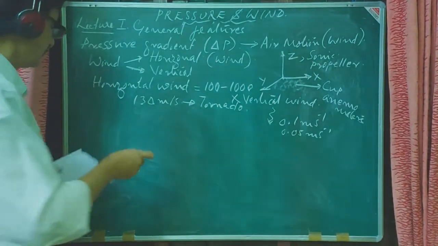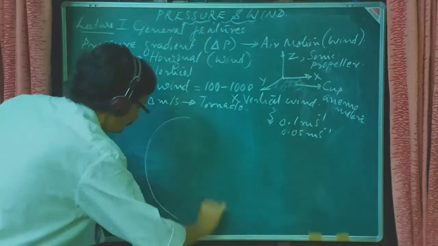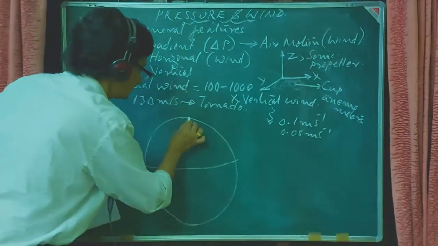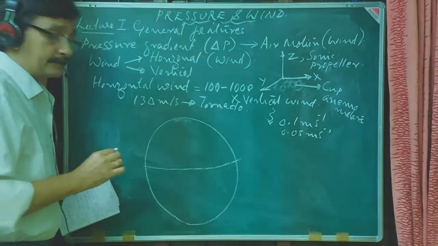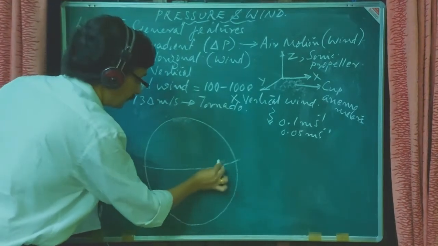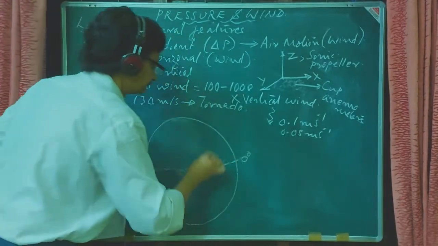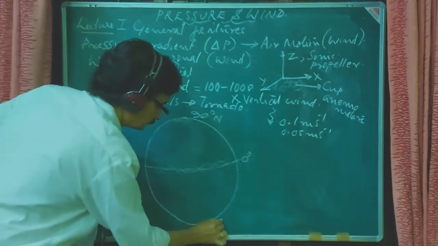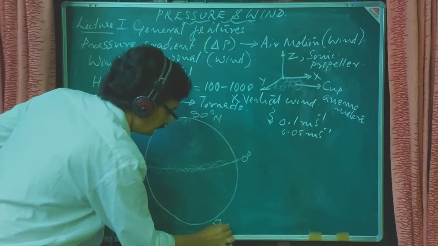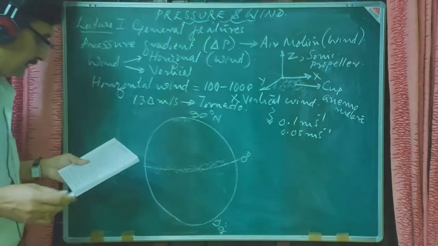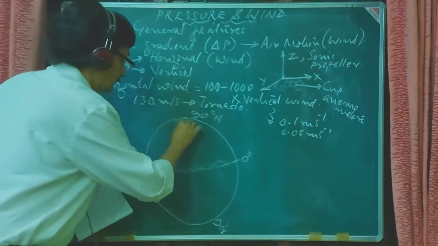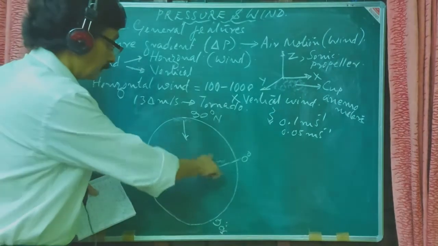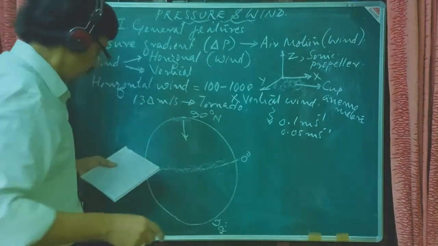Wind carries, say we have our earth, this is the high latitude area, and this area is low latitude, that is near the equator. This is 90 degree north and 90 degree south, the so-called polar region. Wind carries colder air from the polar regions, or high latitudes, to low latitudes.